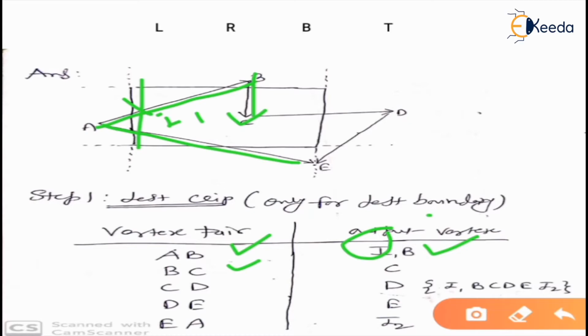For CD, when we are going outside, again we store only the second point. Now for DE, as per the condition, we store only the end point E, and for EA we store intersection point I2.